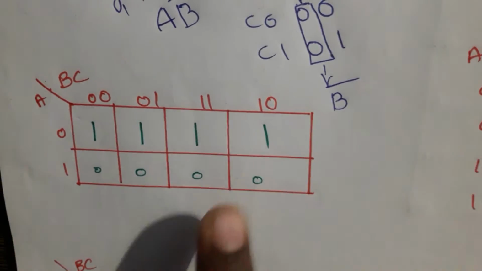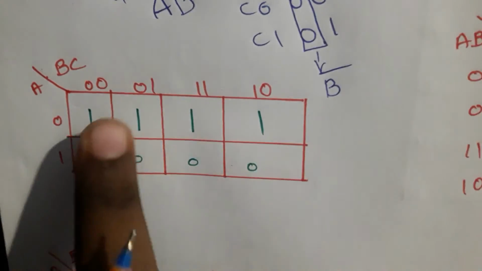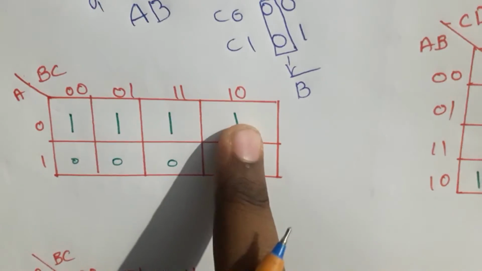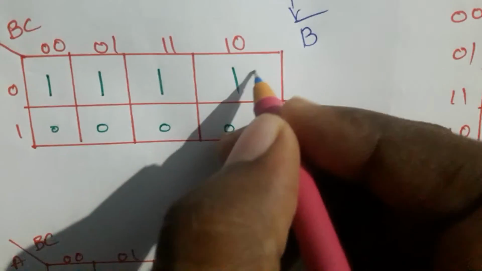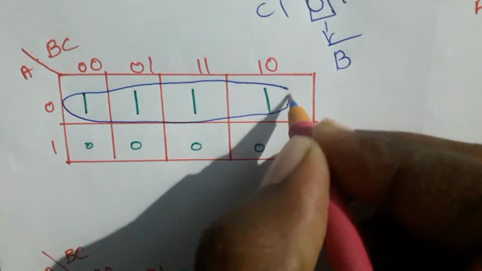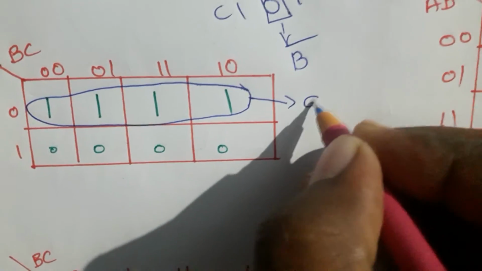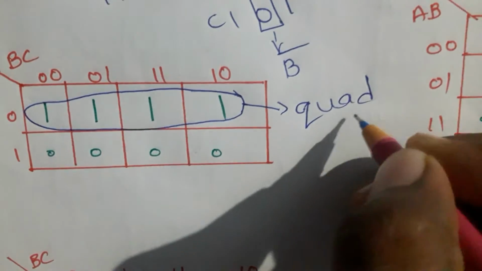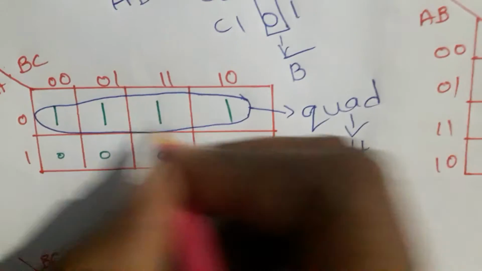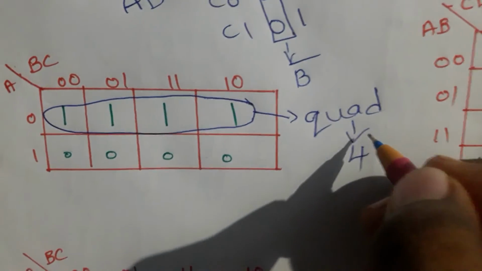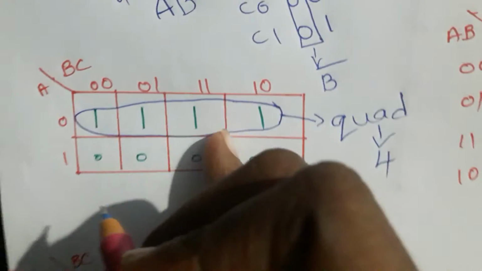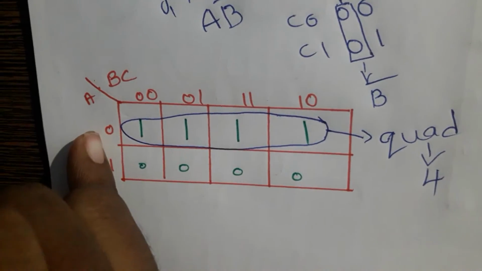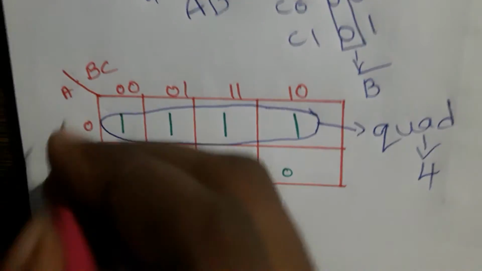Here is example 2. Here we are having all four ones adjacent to each other, so we can make this a group, and we call this a quad. Quad means 4, so we have 4 ones and it forms a quad group. We need to check how many rows and columns it is covering. It is covering one row, R0, and all columns.